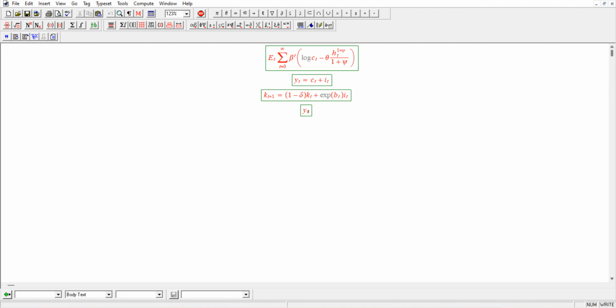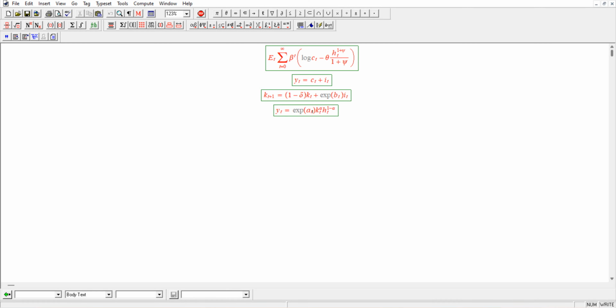Output is given by a production function, which also features shocks. So it's going to be a typical constant returns to scale function, where we've picked a simple Cobb-Douglas function times another shock, which again we're going to find convenient to write out like this, as the exponential of a variable that in steady state is going to be equal to 0.